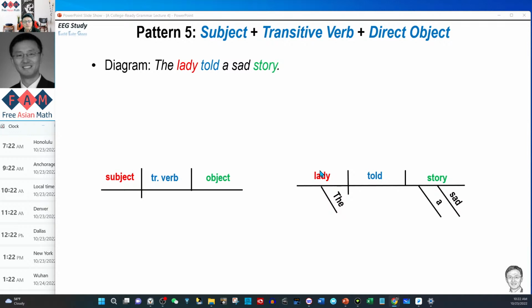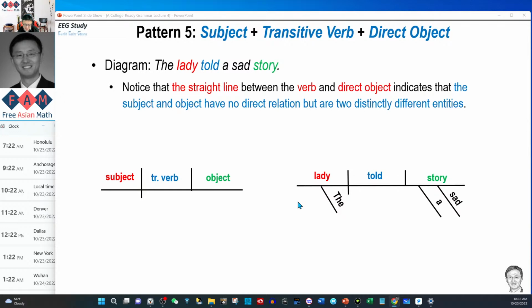And this pattern number 5 represents the most common simple sentences you will see in English. It's so important. Usually we just call it SVO, subject, verb, object. And transitive verbs correspondingly are the most important part of speech you want to study.